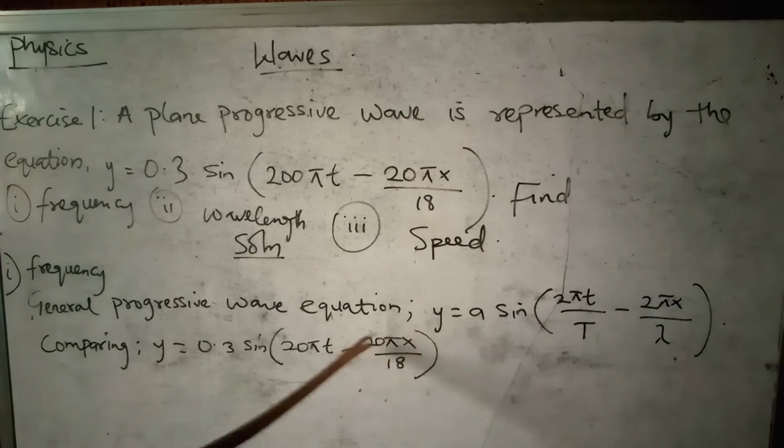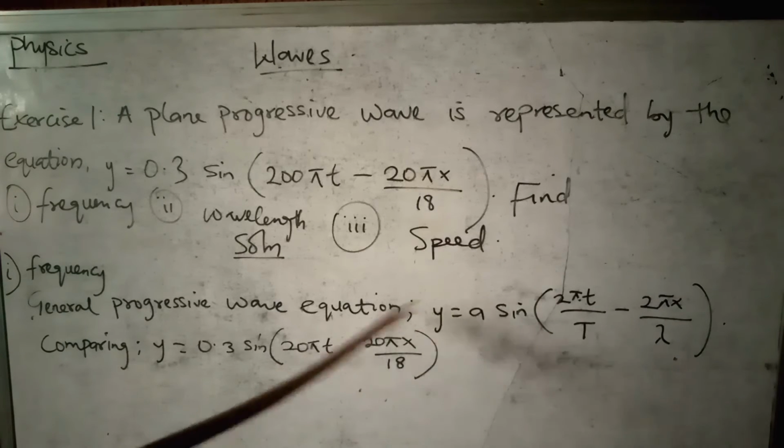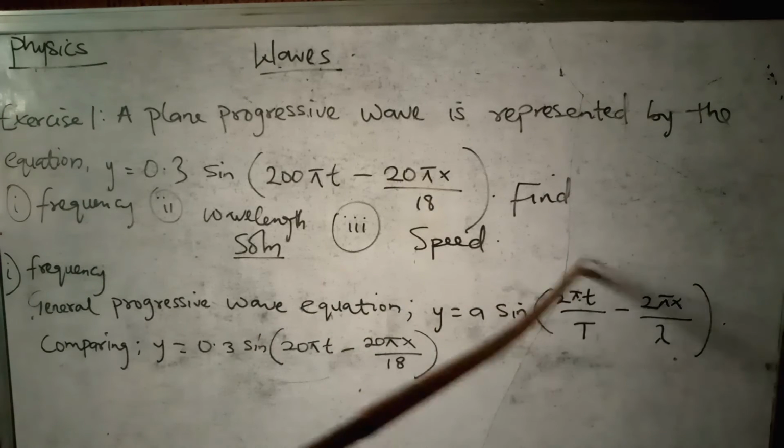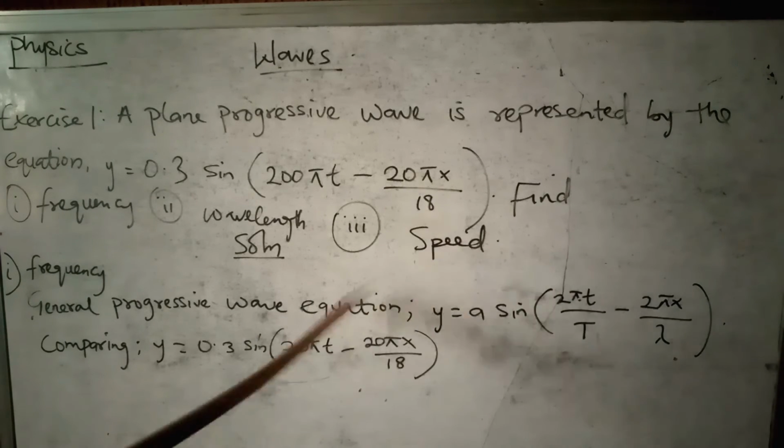Comparing these two equations, we are looking for frequency. Our frequency falls here, so we are going to map out these two quantities together. I'm mapping it out and comparing.